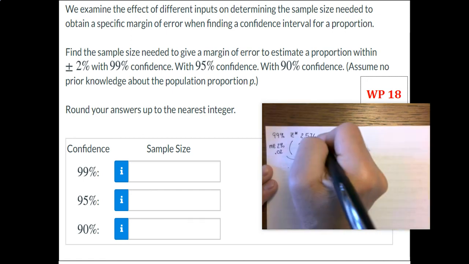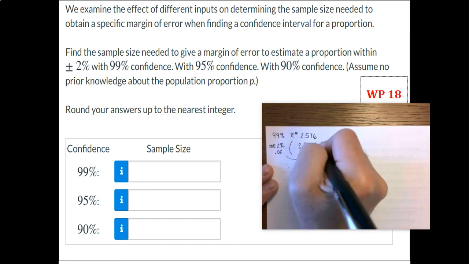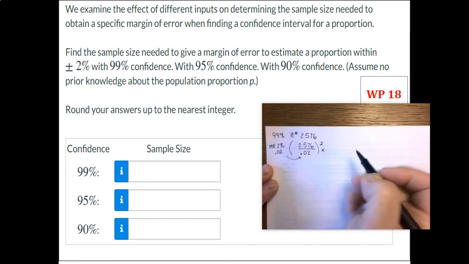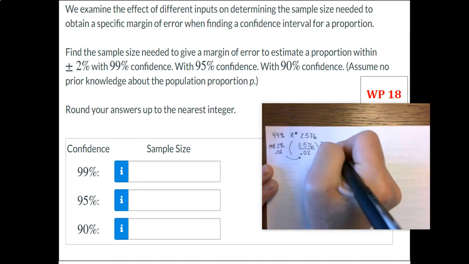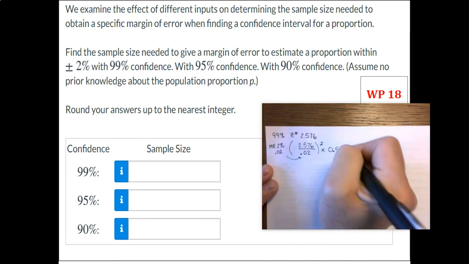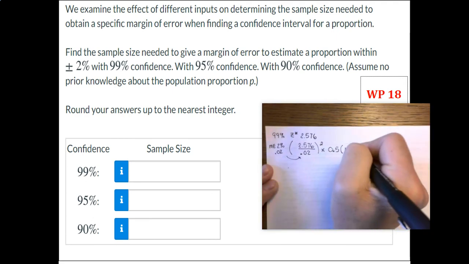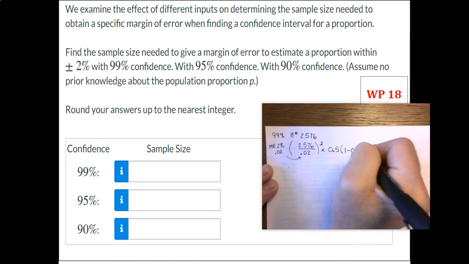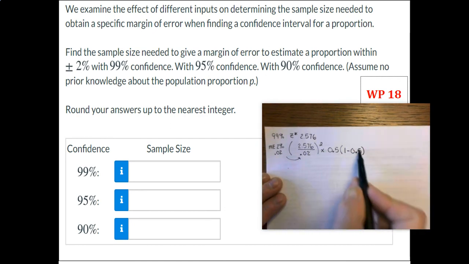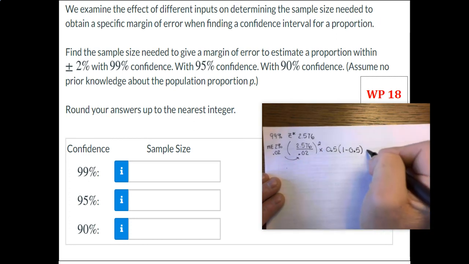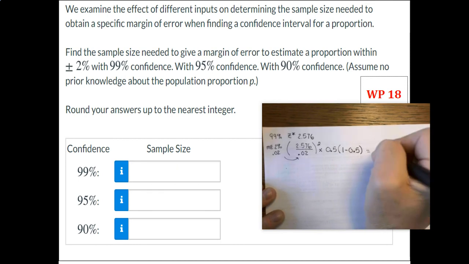We're going to square that value, and then multiply it by p hat, which is 0.5. Remember, that best guess. And then 1 minus 0.5. Put this in your calculator, and when you do, you're going to get 4,148.